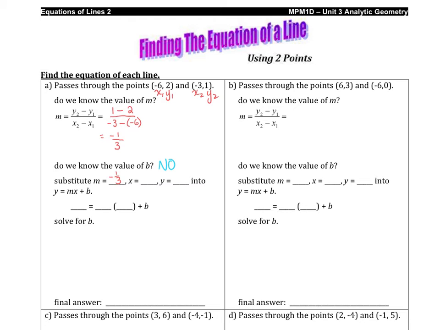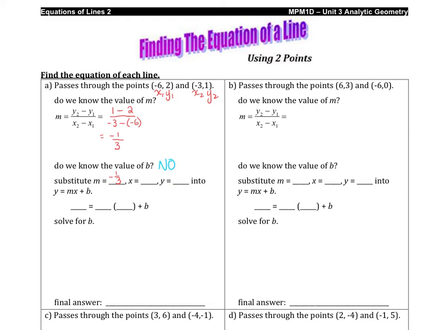The second option would be try to pick a point where the x value is a multiple of the denominator so that it ends up eliminating the fractions. Now in this case, both of them are multiples of the denominator, so it doesn't really matter which point you pick.